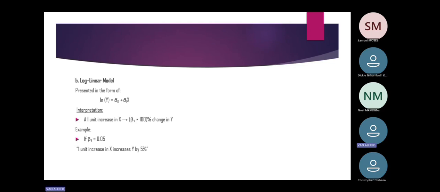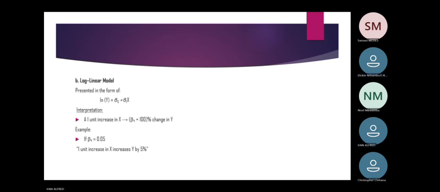Another one is the log linear model. That's our second model, which is presented by ln y equal to beta naught plus beta 1 x.